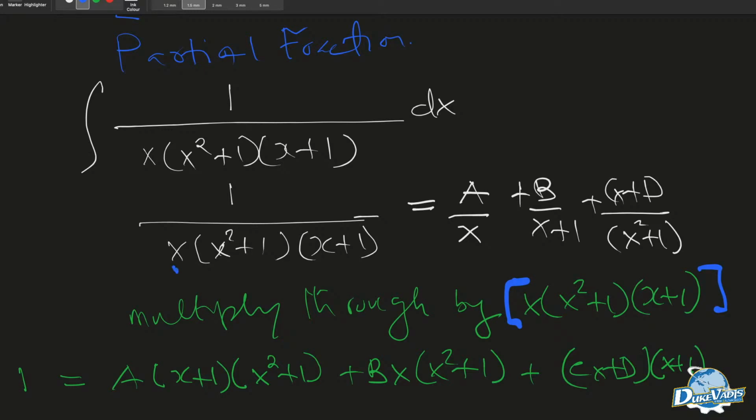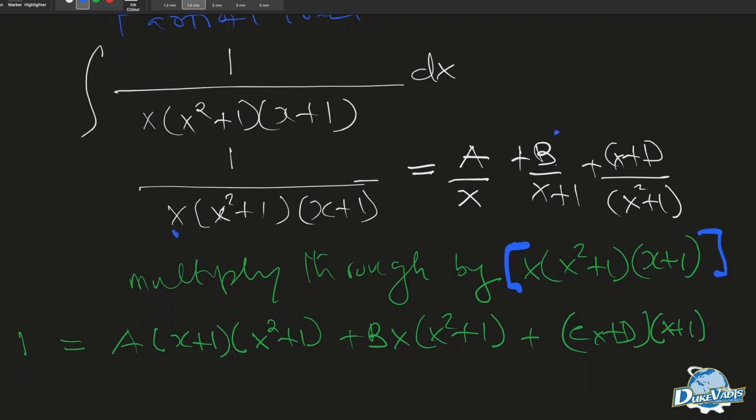Then we will end up having A multiplying x plus 1 times x squared plus 1. Then our B, this will multiply by x squared plus 1 again. So the x plus 1 will cancel. So our B will be that.